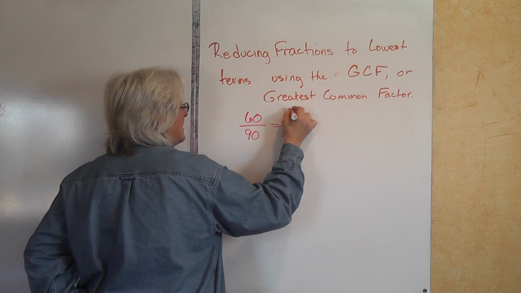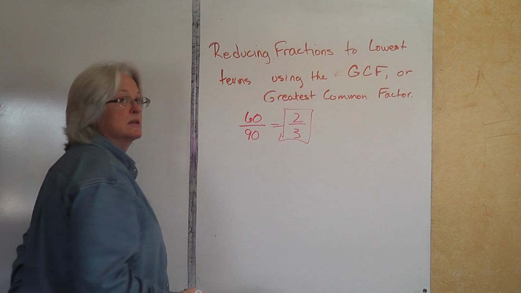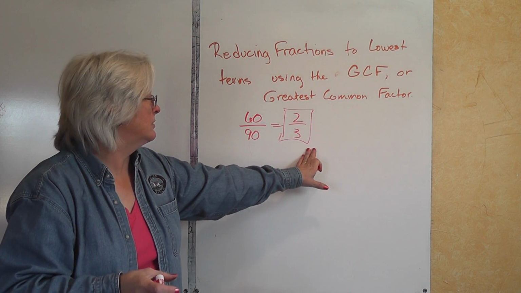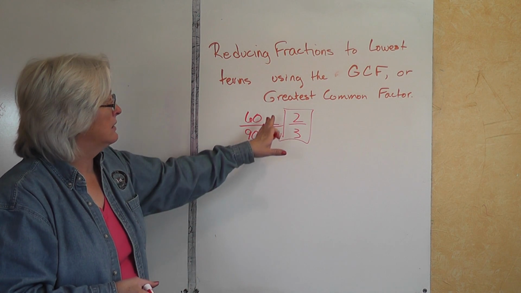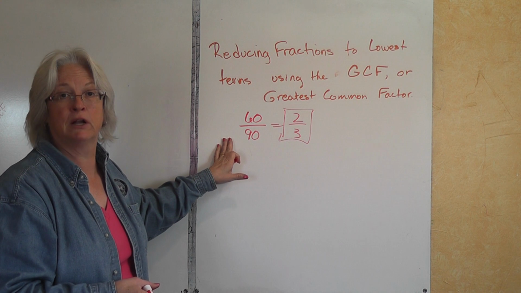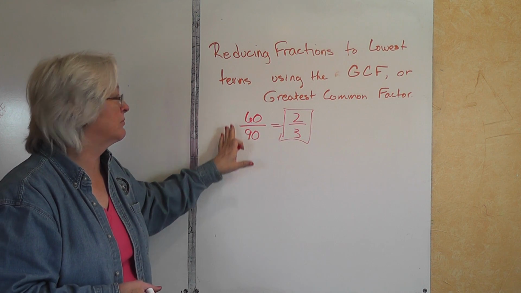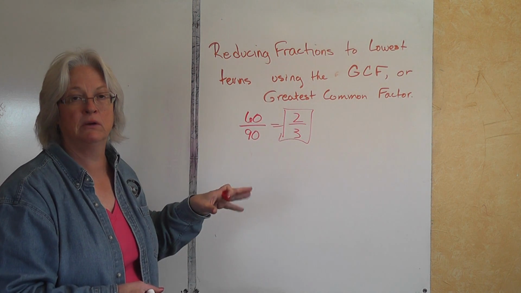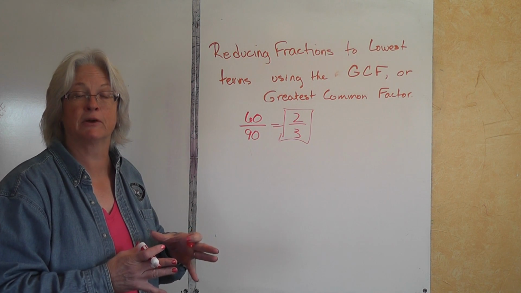And I'm going to tell you right now that 60/90ths reduced to lowest terms is the fraction 2/3. Okay, you can tell we can divide both the numerator and denominator by 3. We can divide by 10, we can divide by 5, we can divide by 2. There's clearly some common factors in there.